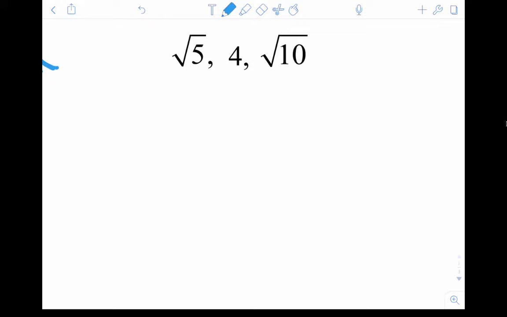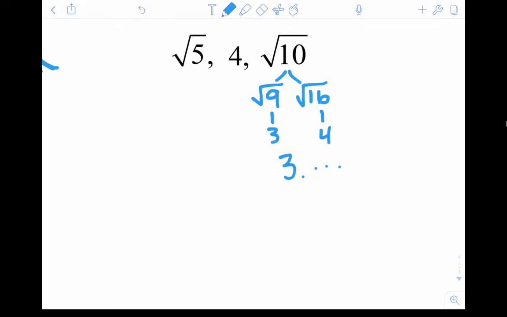I need to figure out what those are. So I'm going to go through a short estimating process, and I'm going to think about square root of 10. Well, I know that square root of 10 is going to be between square root of 9 and square root of 16. Square root of 9 is 3, and square root of 16 is 4. So if it's between those two, then it's going to be 3 point something.